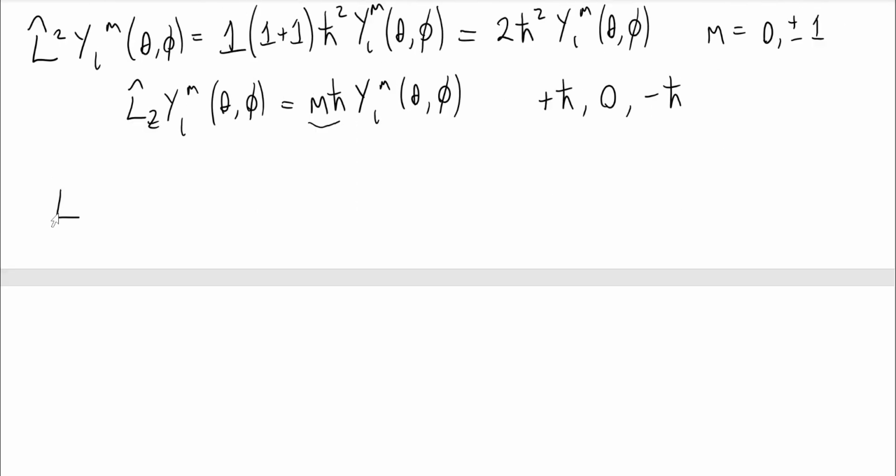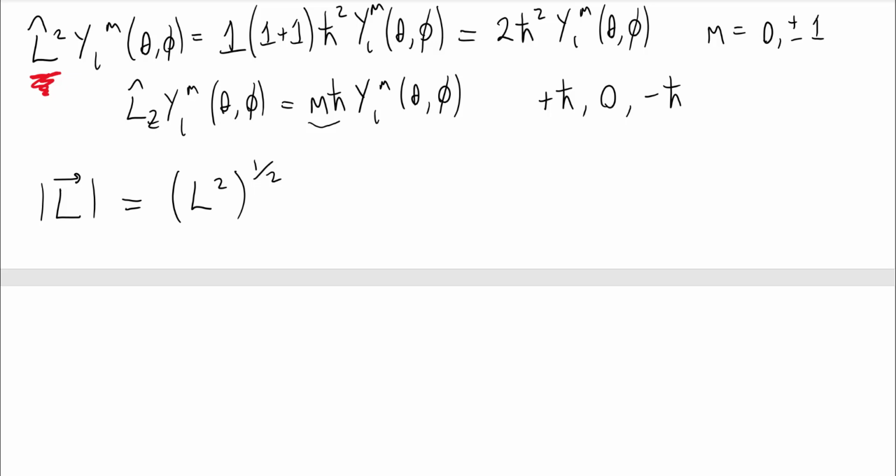If we want to know the magnitude of the total angular momentum of the system, we can figure that out as being the square root of L squared. Since we know what L squared is, we're looking for the observed value that relates to the operator that I'm underlining in red here.